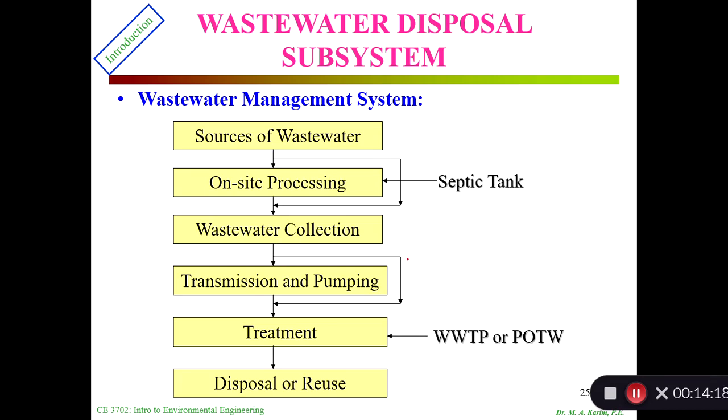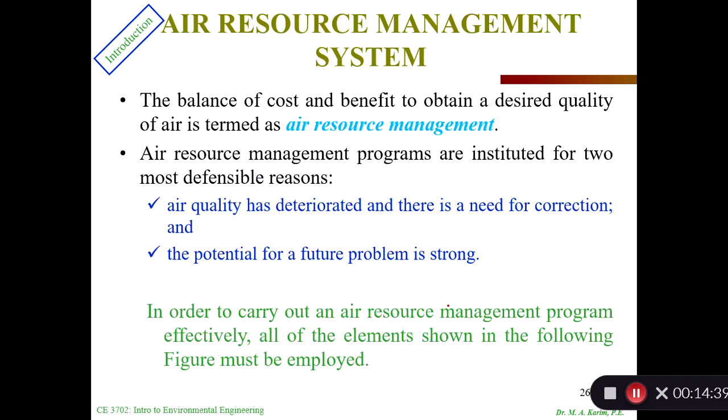If we don't, it can go directly to the treatment plant if it is gravity. Then finally treatment is done, then it goes to final disposal or reuse. This is called a wastewater treatment plant, or POTW, publicly owned treatment works.